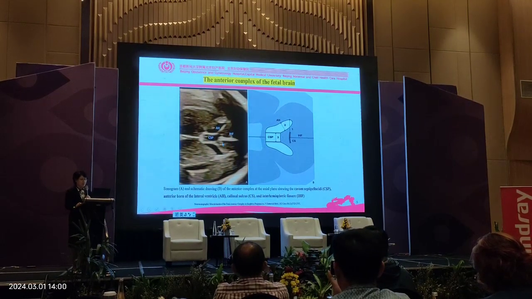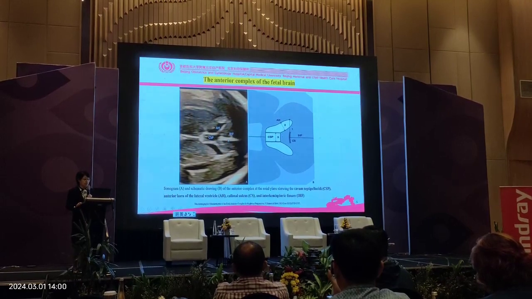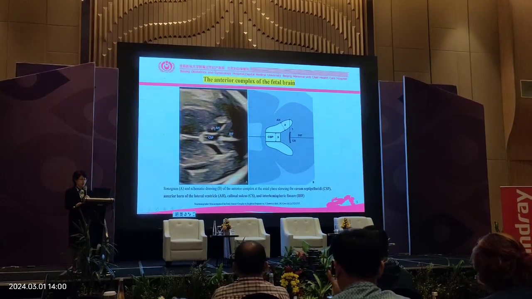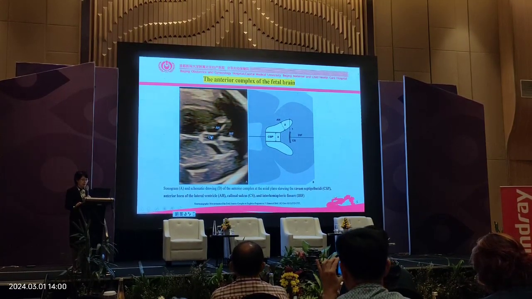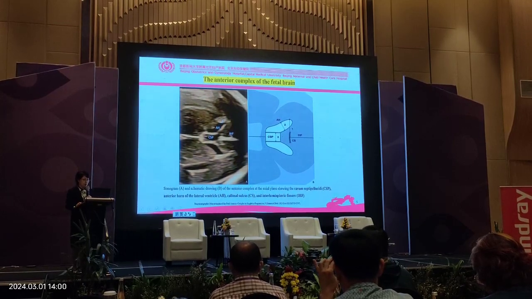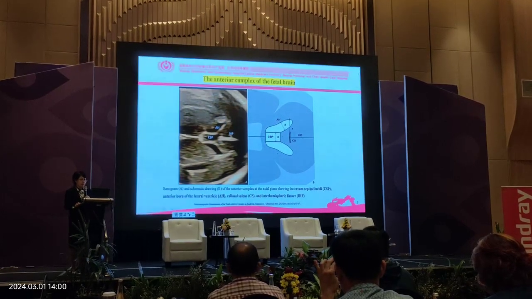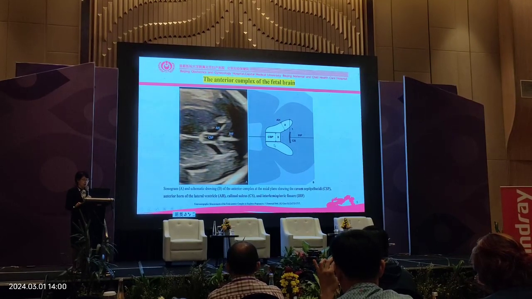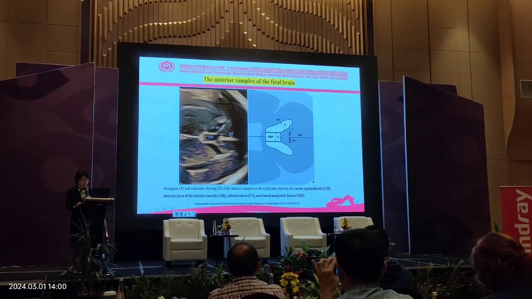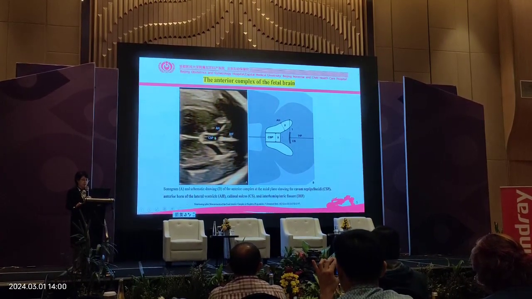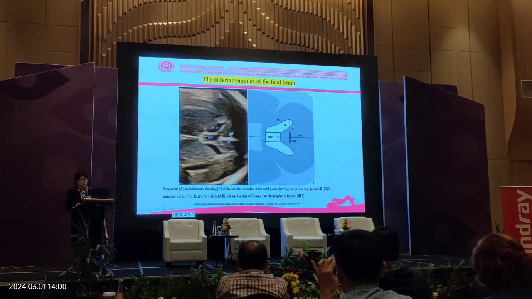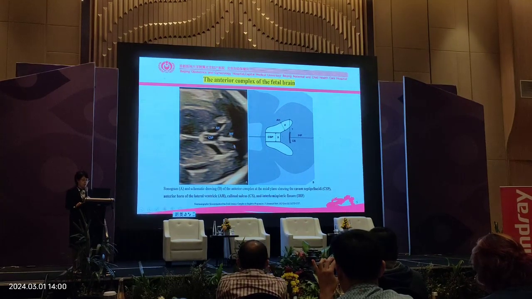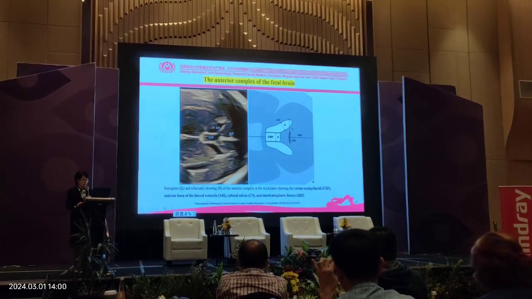The anterior complex of the fetal brain is a group of anatomical structures, including the cavum septi pellucidi (CSP) and the anterior half of the lateral ventricle, and the genu of the corpus callosum, pericallosal sulcus, and this one, IHF, the interhemispheric fissure. So this is the group of anatomical structures.